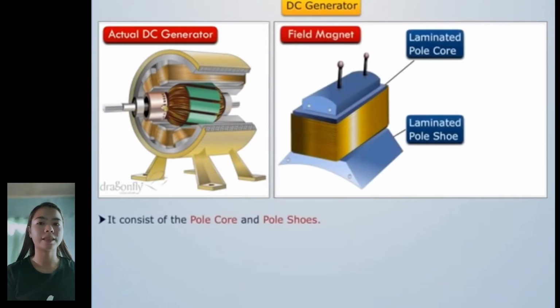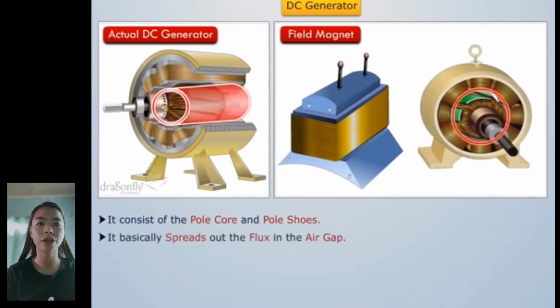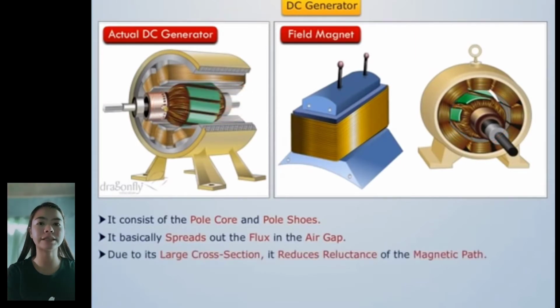Field magnet. It consists of pole core and pole shoes and field or exciting coils. It produces or spreads out the main magnetic flux in the air gap. Due to its large cross-section, it reduces reluctance of the magnetic path. Also, it acts as supporting coil.